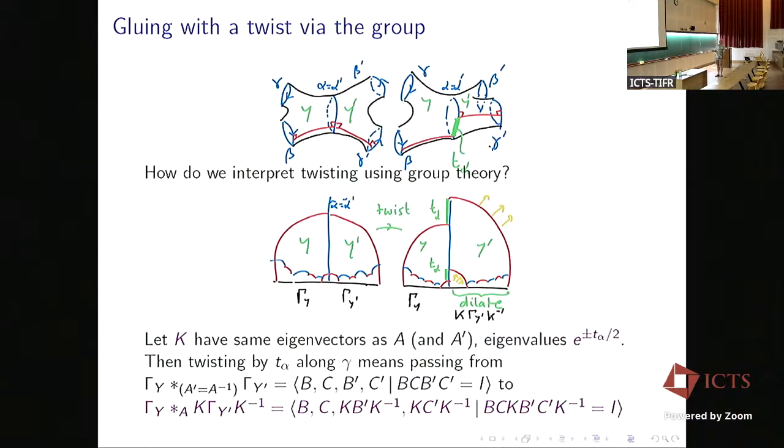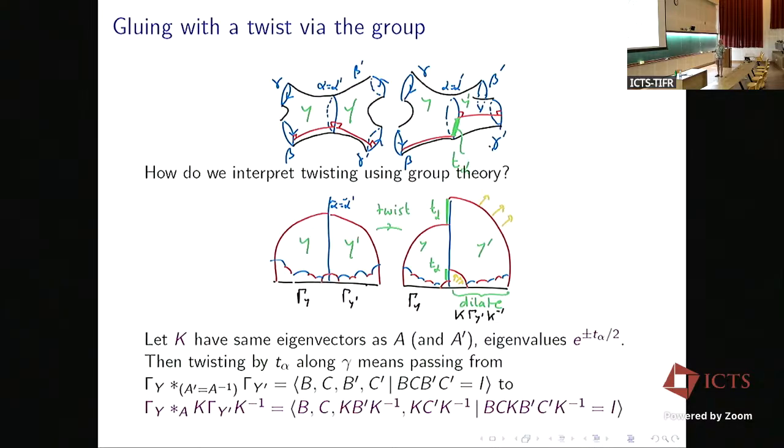So what did I do? I held the left-hand side fixed, and I moved the right-hand side by doing a translation of length T alpha along this curve here. So when I do my uniformization, in my initial picture I have a union of two right-angled hexagons, which corresponded to y, and one corresponding to y prime, and they were glued along this curve.